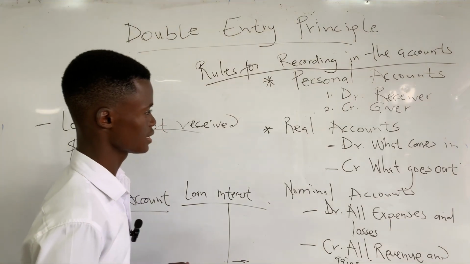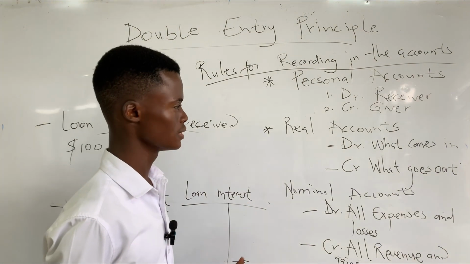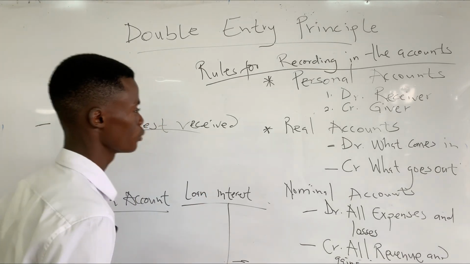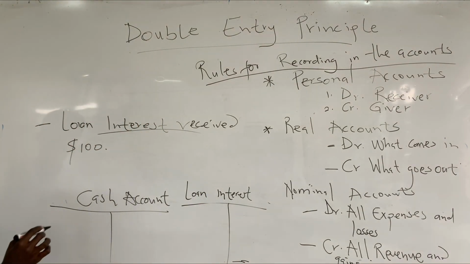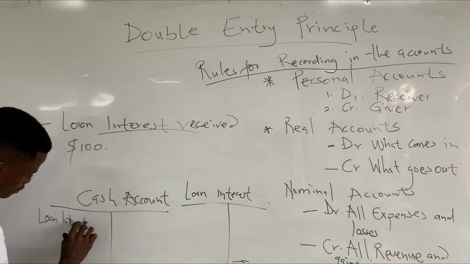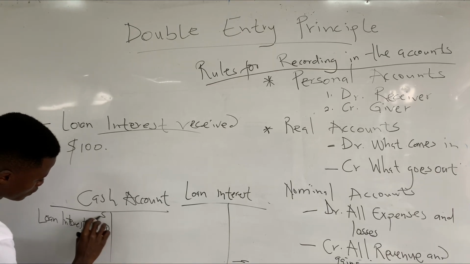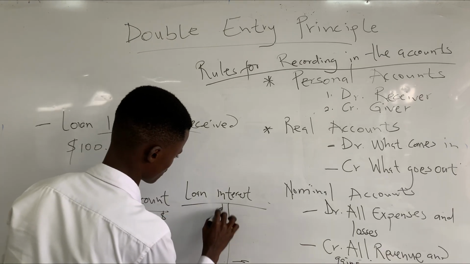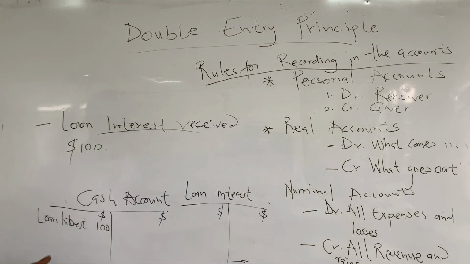Under the real account, we should debit what comes in, and in our situation it is cash that is coming in. So we will debit cash in the name of loan interest for 100. This is our currency sign. So we have debited what came in, which is the cash.